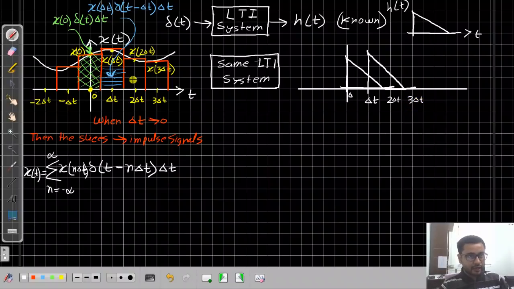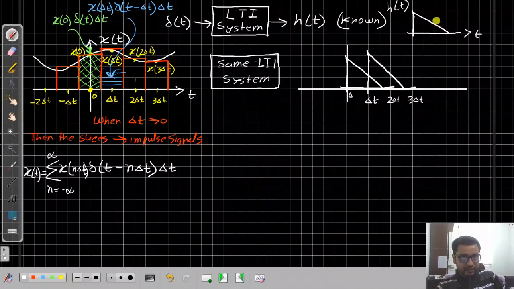After that I have to calculate the output for this part, and that will again be similar to this impulse response. However, that will also be delayed because this impulse is at time t equal to 2 delta t.